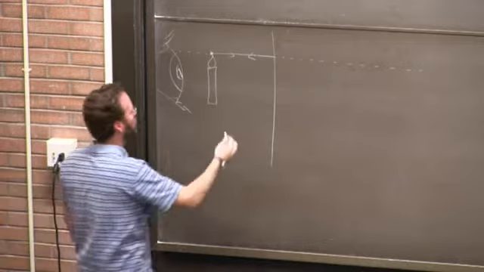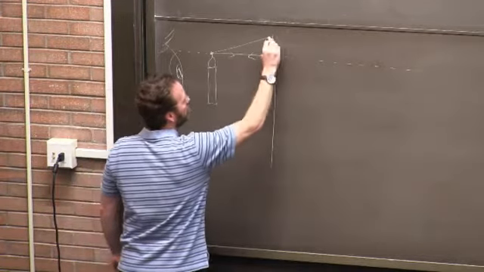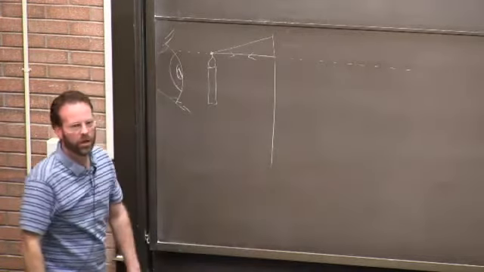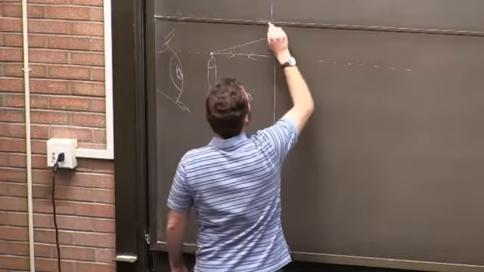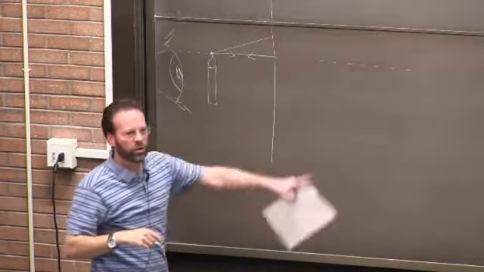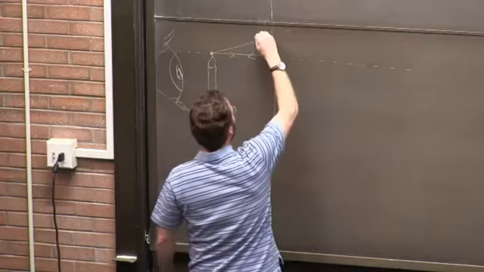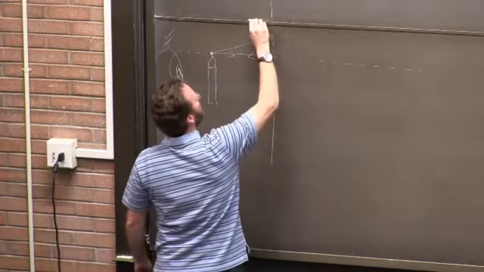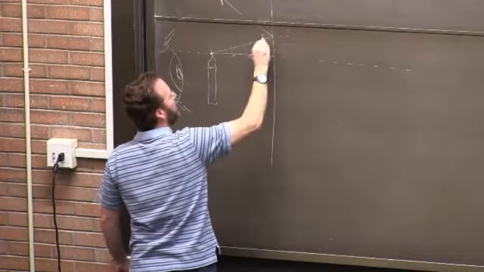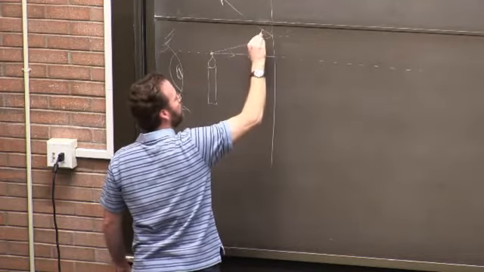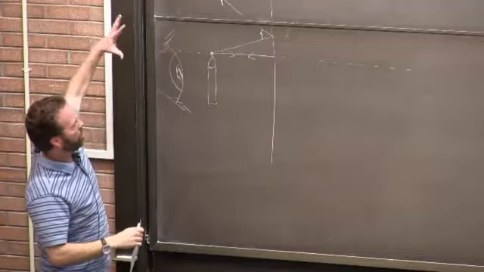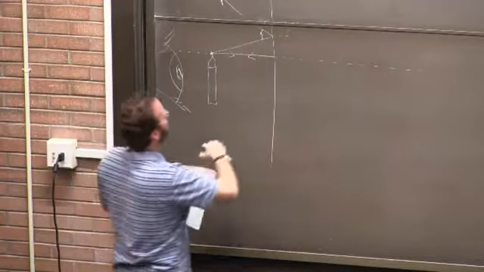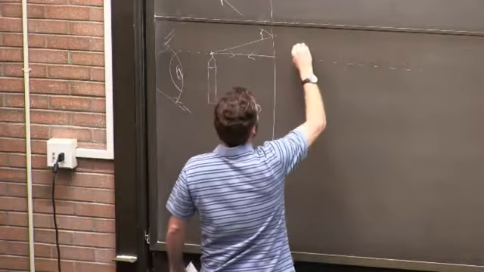Let's draw another point. What about a ray that goes up and hits the mirror at that point? Well, it will reflect according to the law of reflection. So you draw your little normal. Reflect it back out at the same angle. See, that angle and that angle are the same. And your big eyeball, not to scale, thinks it came from a point over here.